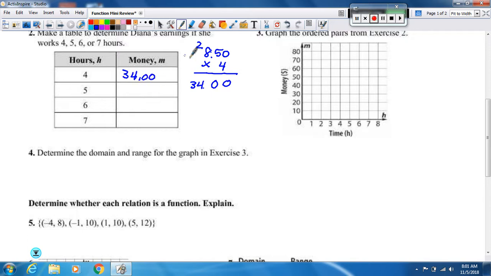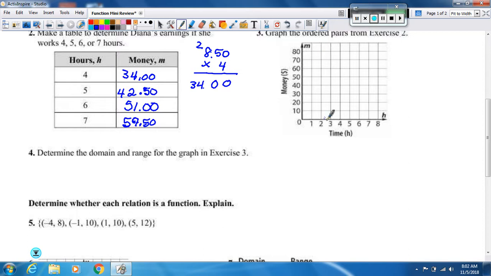So if you just add $8.50 to each one of these, then to the 34, $8.50, you get $42.50. $42.50 plus $8.50 is $51. And $51 plus $8.50 is $59.50. Okay, so then it wants you to graph the ordered pairs.